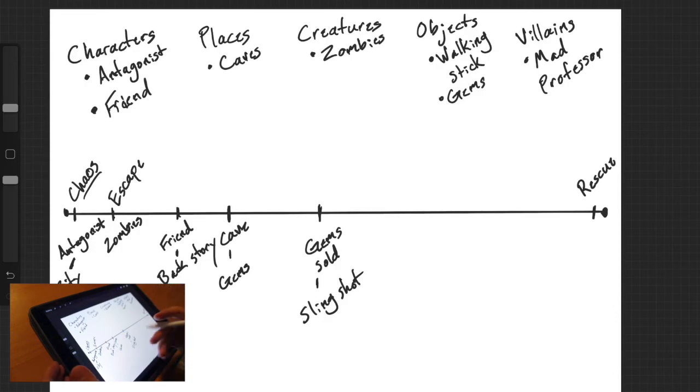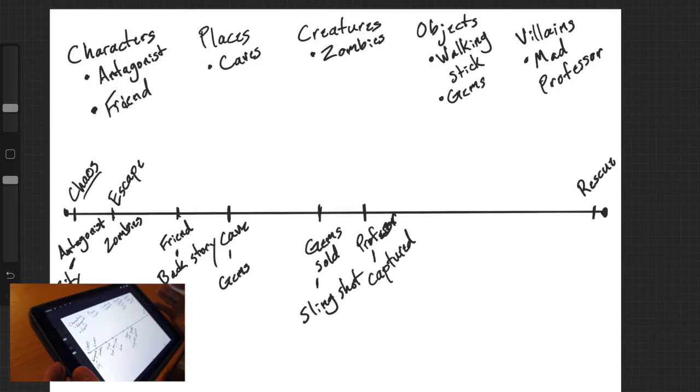And then you're like, okay, well, the main villain is going to be this mad professor, so we need to pull him in there. So it's going to be right here. Maybe he gets captured by the professor. And you just kind of fill this out in your sketchbook.